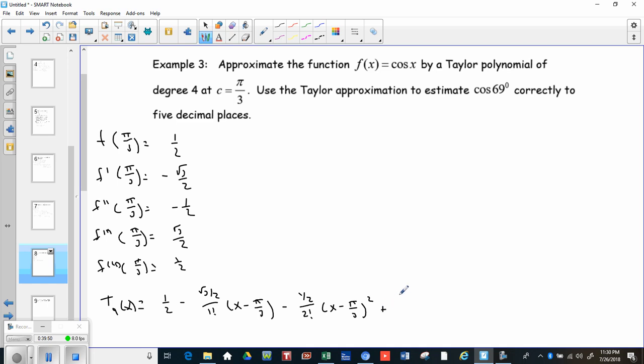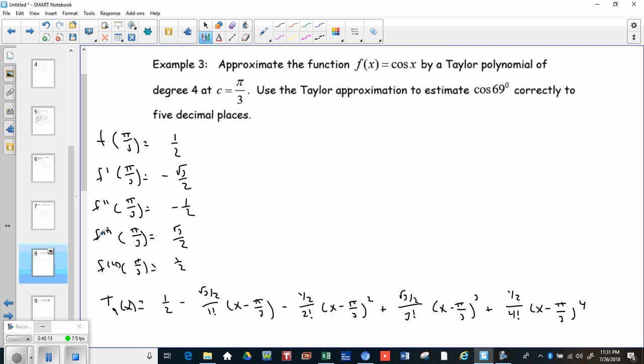Next one is plus root 3 over 2 over 3 factorial x minus pi thirds cubed. And then the last one is plus 1/2 over 4 factorial x minus pi thirds to the fourth.